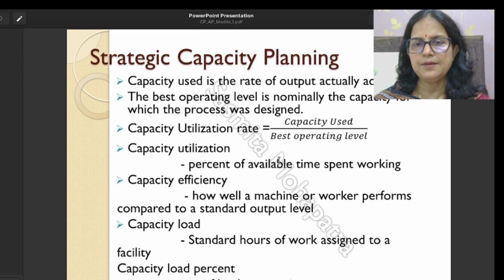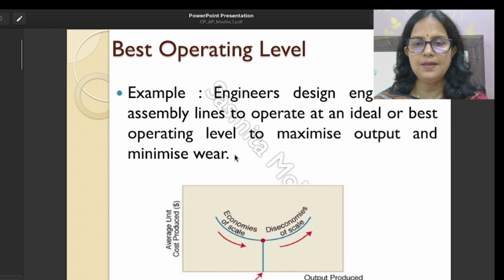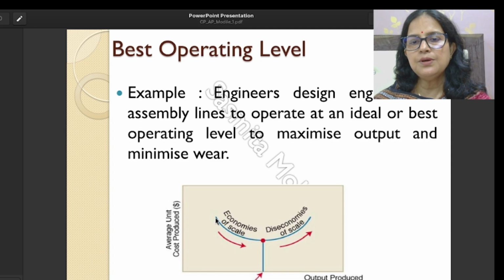Let us see. So here, this is the best operating level. When we go for production, the output is produced. When you increase the production level, units of production go on increasing.